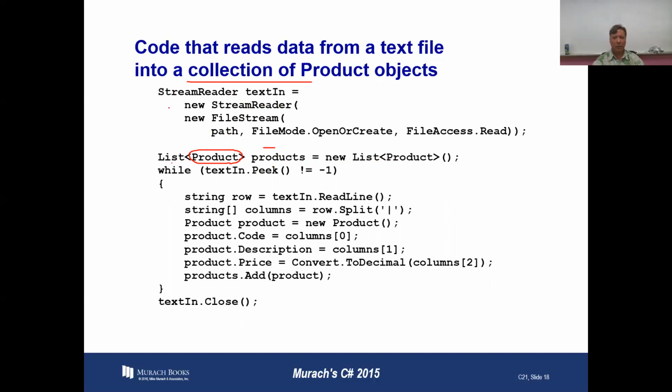First we have to define this FileStream, and then we define a StreamReader, and we give a name to it, and that's what we use. With this name, we are able to use the dot and then the methods that go along with that. And so that's where you're going to use the peek method, the read line method, and the close method.